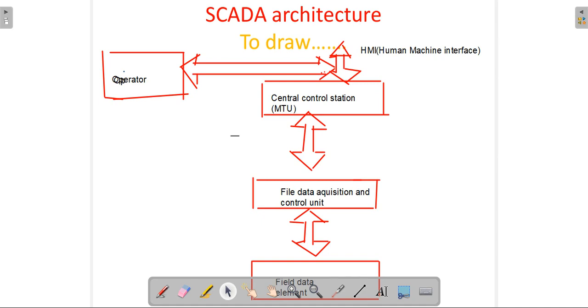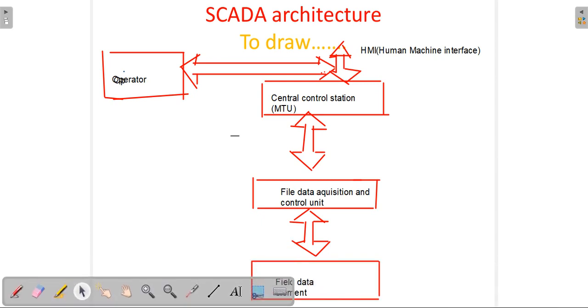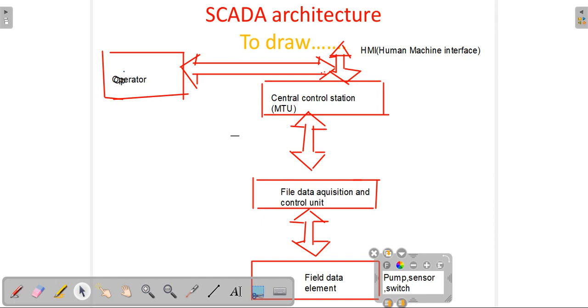And here basically whenever you speak about the field data, we have already written it here. So anyway, I will just take it here, and here I will write, it could be a pump, it could be a sensor, or it could be a switch, anything here.